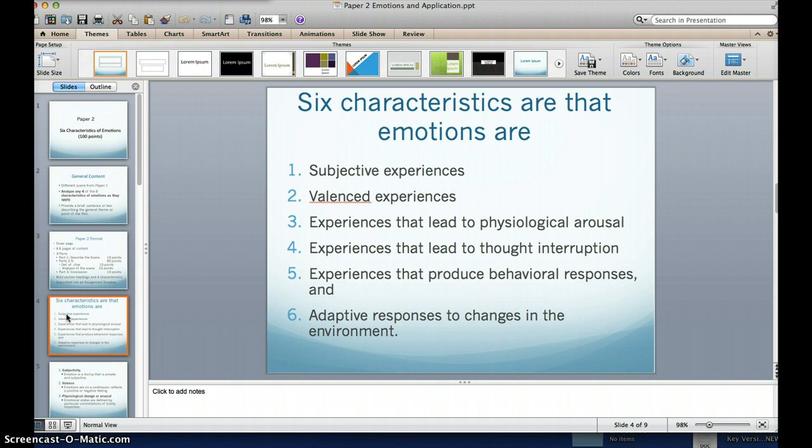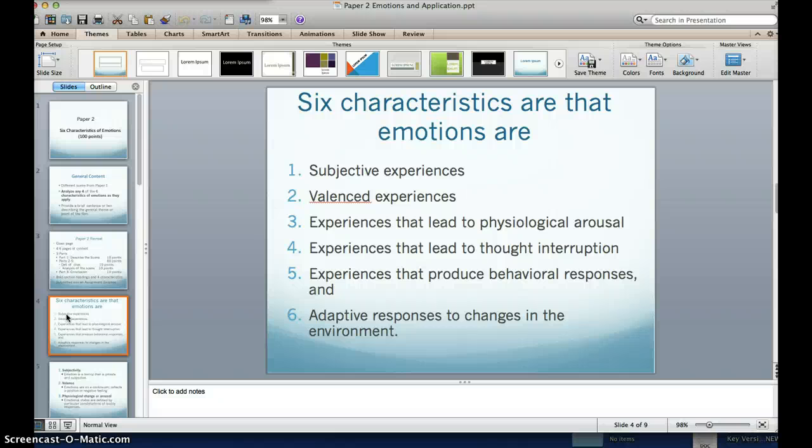The paper requires that you choose a scene from a different movie that illustrates each of these characteristics. And when I say different movie, I'm emphasizing that it is different from the movie that you chose in Paper 1.